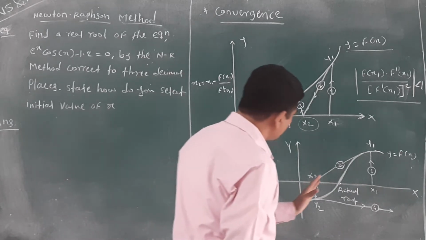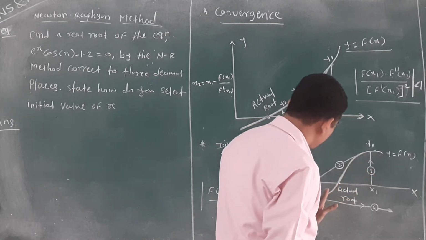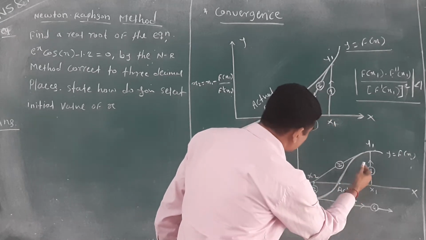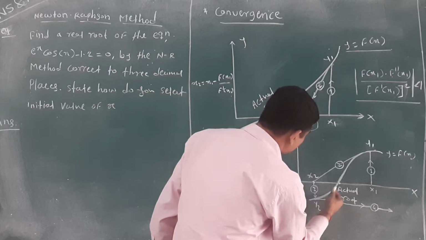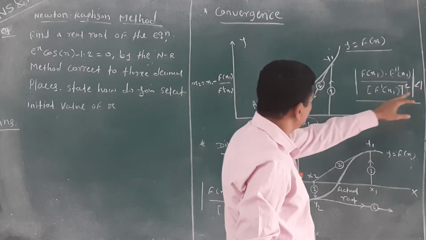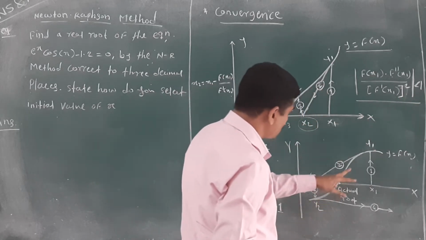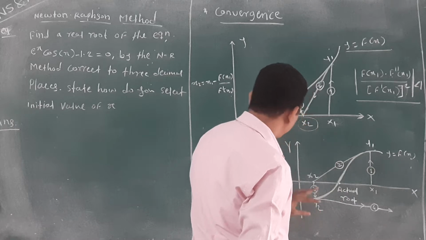We are actually moving always away from the root as the slope of the curve is greater than 1. In the convergence case the slope of the curve is less than 1, but in this case the slope of the curve is greater than 1.